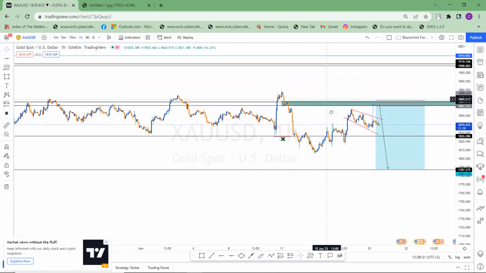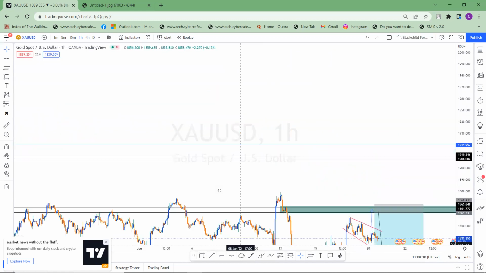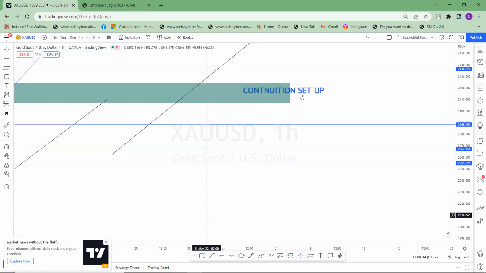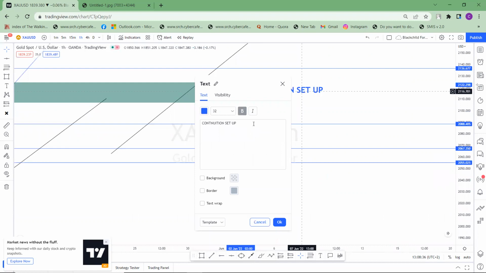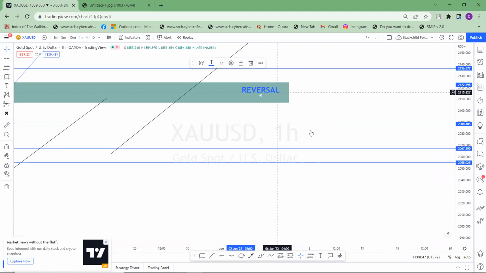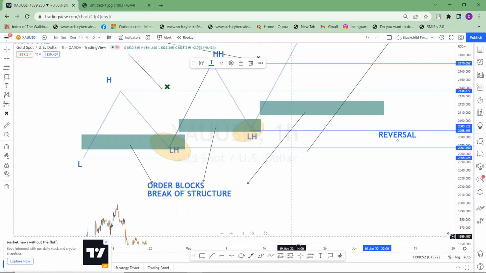Whenever we're trading, two things are involved. Either price is going to continue moving in that direction, or it's going to reverse in the opposite direction. So now, having seen a continuation, let's look at how price presents itself in a reversal, where price reverses and starts going to the opposite side.